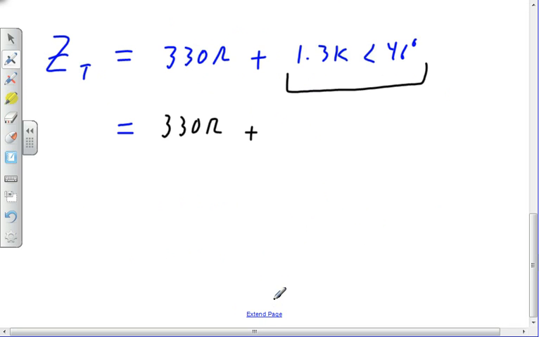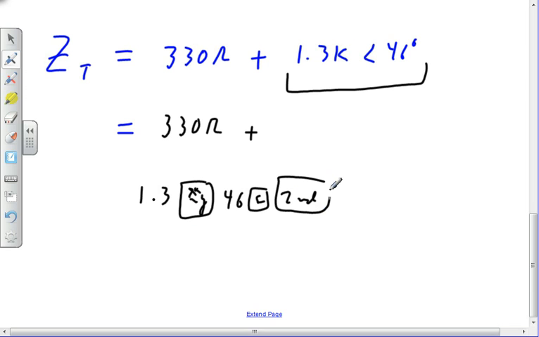So I'm going to take my calculator and go 1.3, the XY key, 46, the equal key, second function, polar to rectangular key.